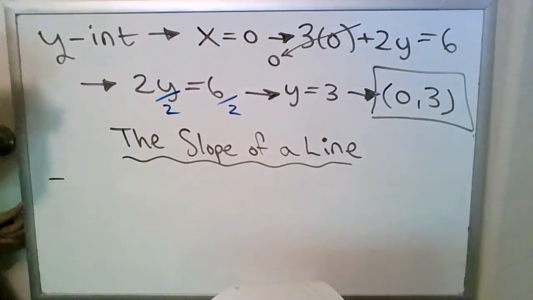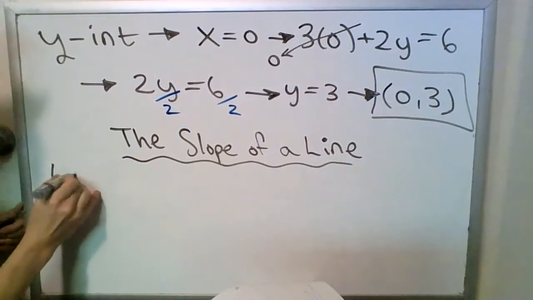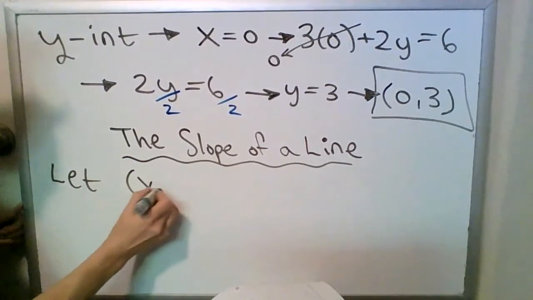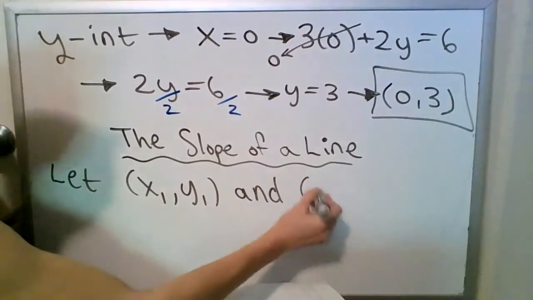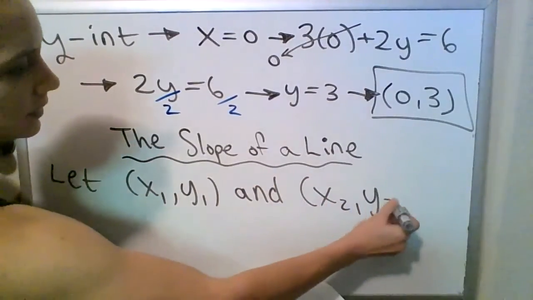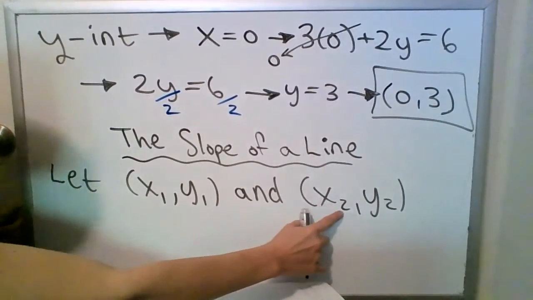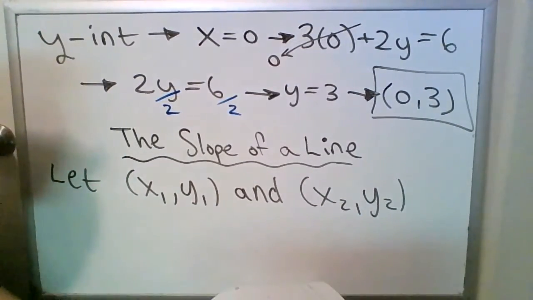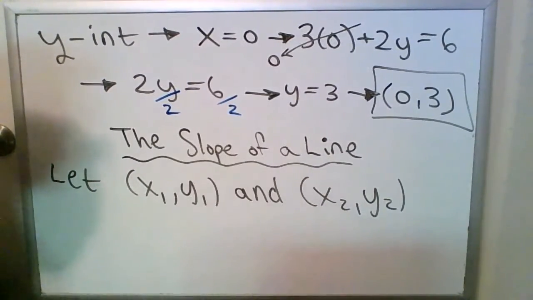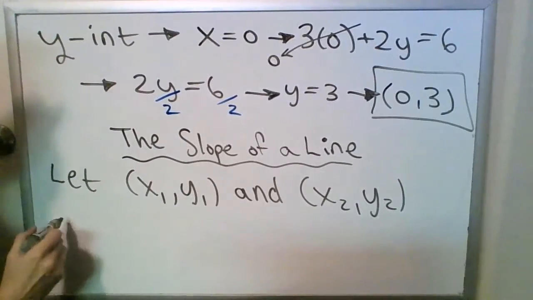Let the point x1, y1 and the point x2, y2 (x sub 1, y sub 1, x subscript 2, y sub 2) be any 2 points.